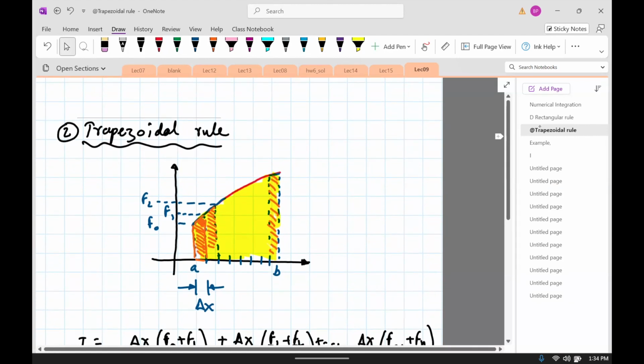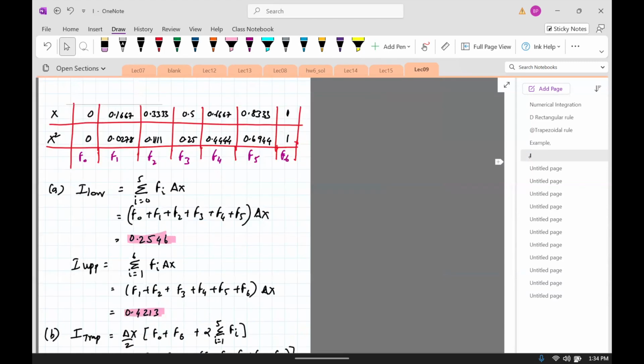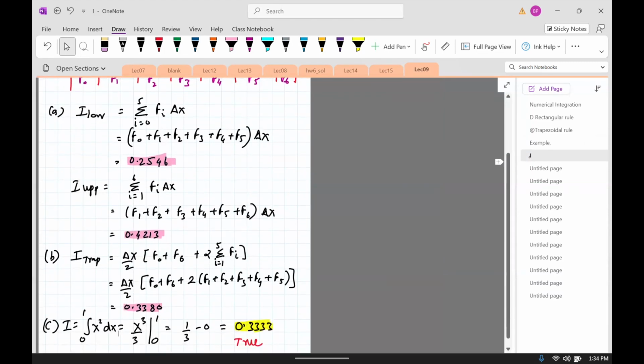So it assumes that the equation connecting the 2 points f0 and f1 and so on is something like ax plus b. Because it doesn't capture the second order, you'll see that there is an error, 0.3380. Okay, so actually we'll get to Simpson's rule, which will be a quadratic approximation. That should work much better because it's going to capture the quadratic in the integral.